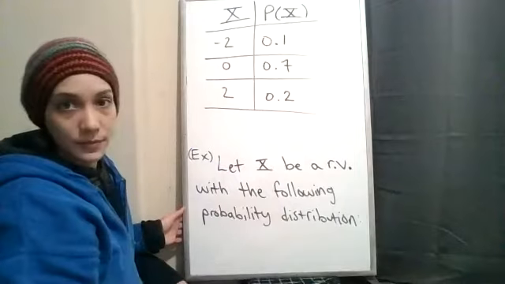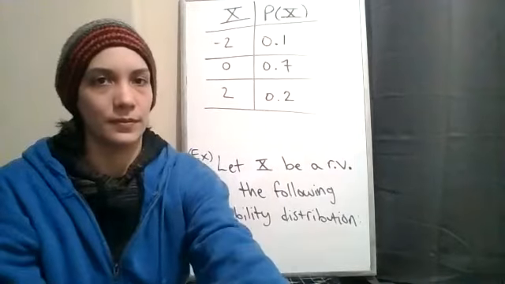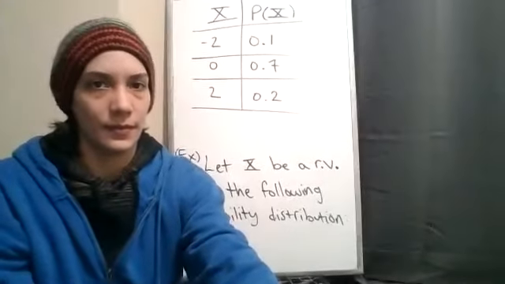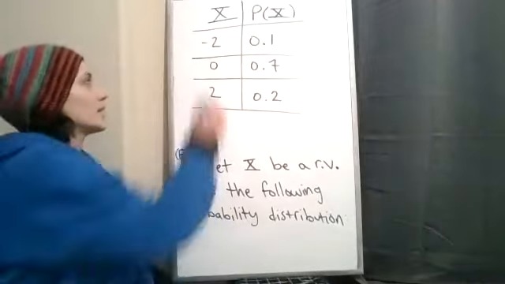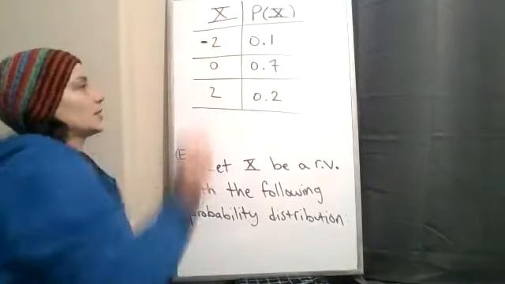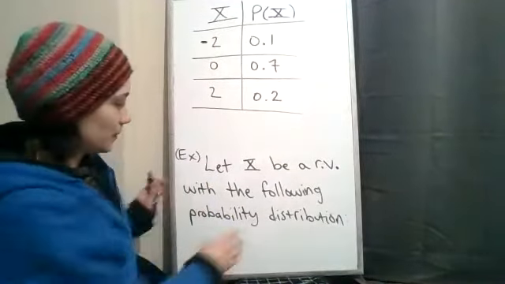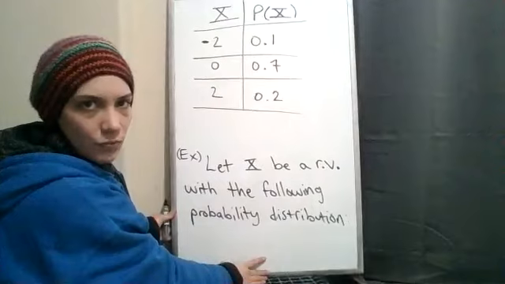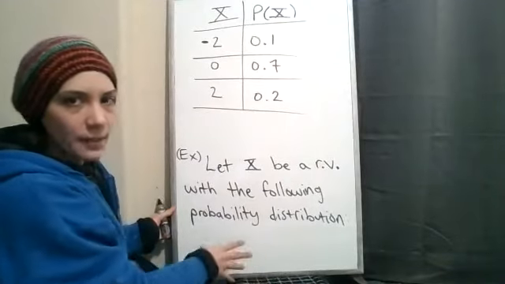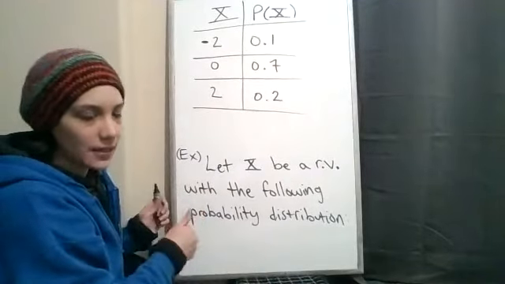Just to confirm, the first x is -2, not positive. It's a -2, right? It's negative, yeah. It's fine. Okay, find the mean of x.